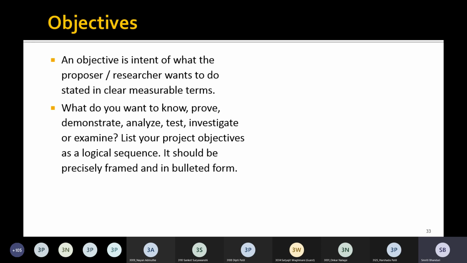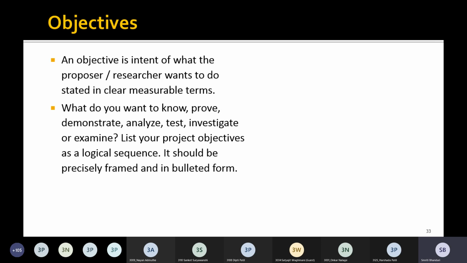While providing the solution, we need to undergo several steps. The objectives should precisely explain the steps we are taking towards the solution of the problem.